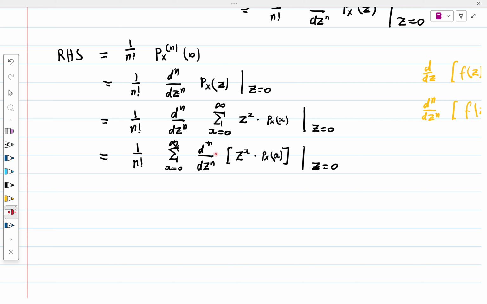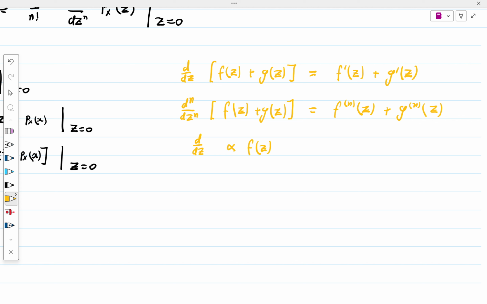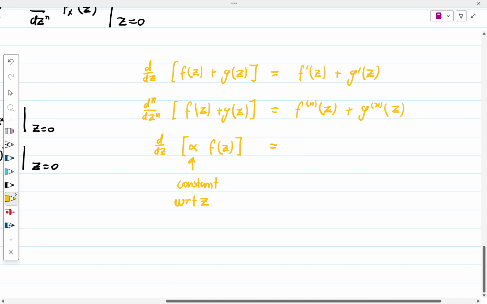Again, notice here that we're dealing with a derivative with respect to the variable z, but we have a component here which is independent of z, or constant with respect to z. Now recall that if you take the derivative of alpha f of z, where alpha is a constant with respect to z, this becomes alpha times the derivative of the function.